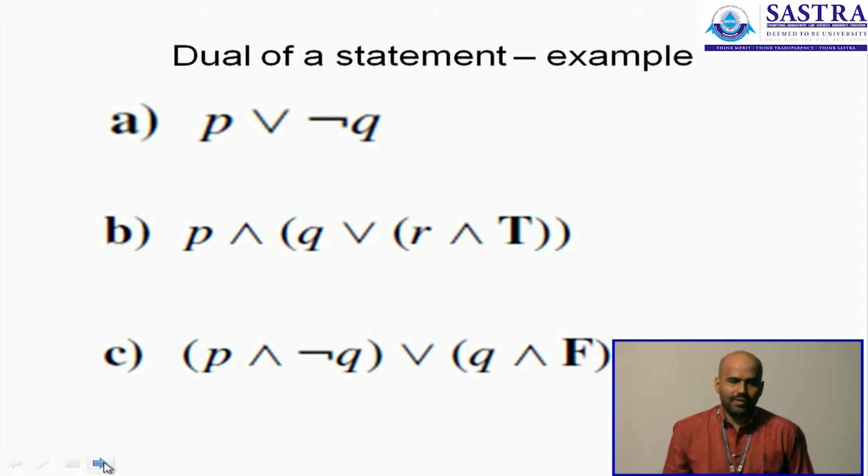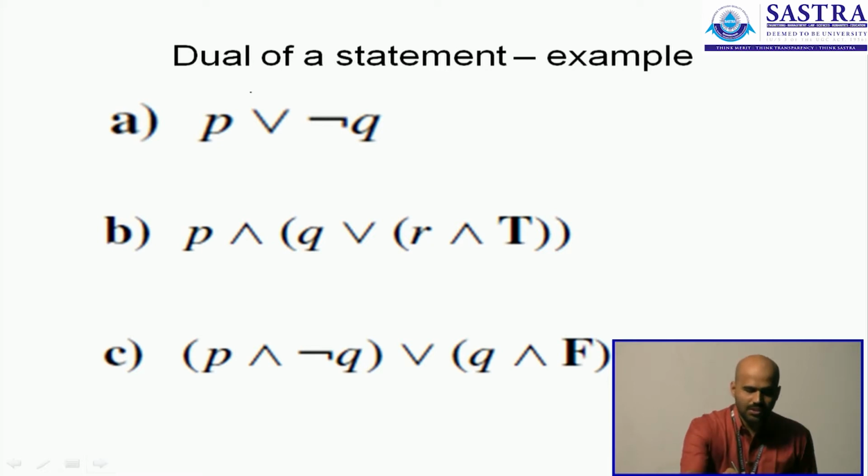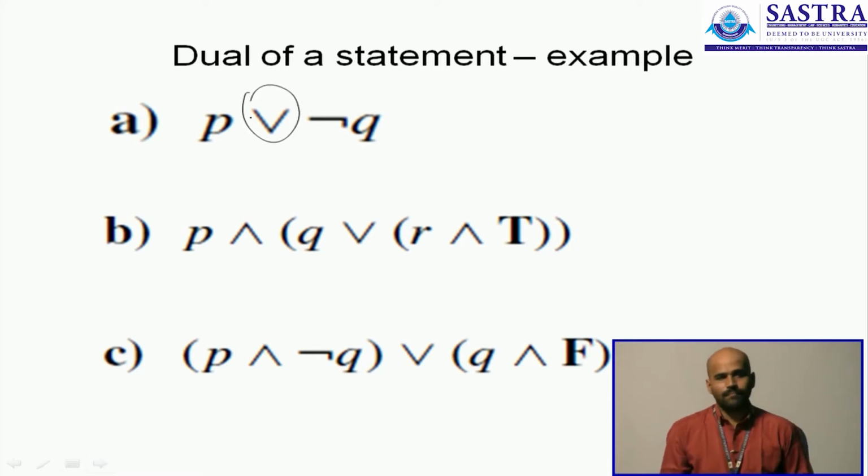We'll have a look at a couple of examples to get comfortable with the idea. The very first statement is a compound statement involving two simple statements, P and negation Q. They are combined using the disjunction. We are trying to find its dual. As we saw in the previous slide, finding the dual is as simple as flipping the connectives.